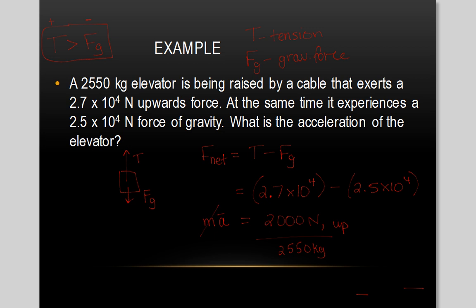Acceleration will be this value divided by 2550. We're looking at 2 sig digs. So the acceleration's 0.78 meters per second squared, or newtons per kilo. Doesn't matter which one you use, but typically meters per second squared.